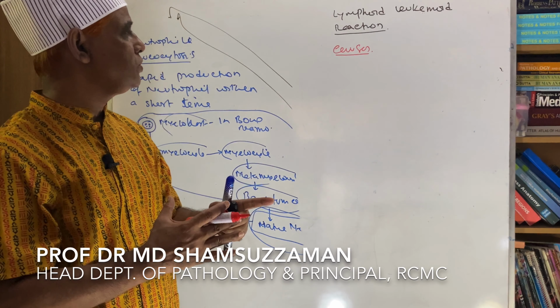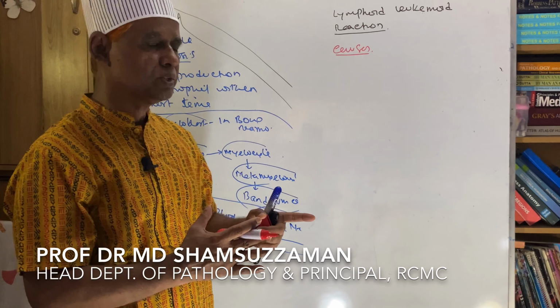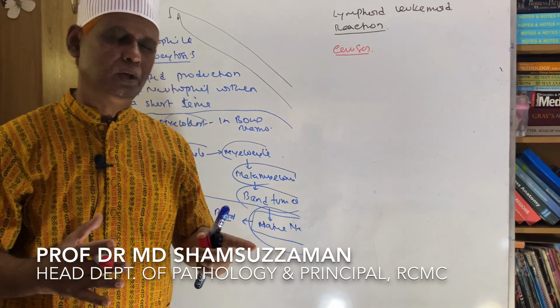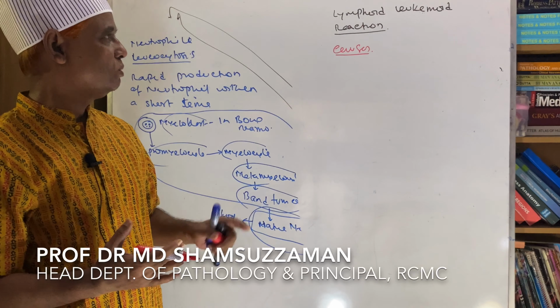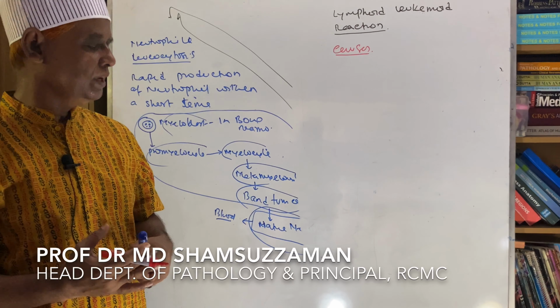The situations or diseases in which there is rapid production of lymphocytes within a short time are the causes of lymphoid leukemoid reaction. Again, the situations or diseases associated with rapid production of lymphocytes within a short time are the causes of lymphoid leukemoid reaction.